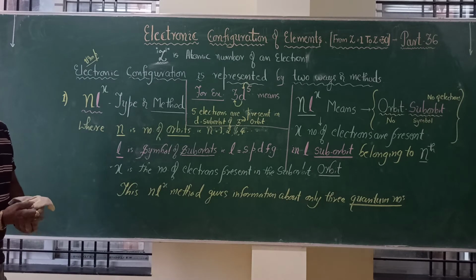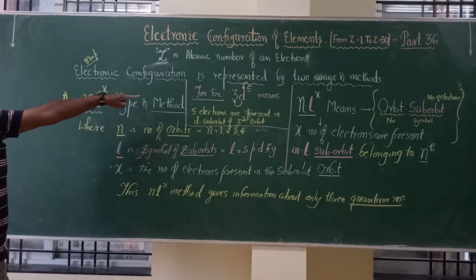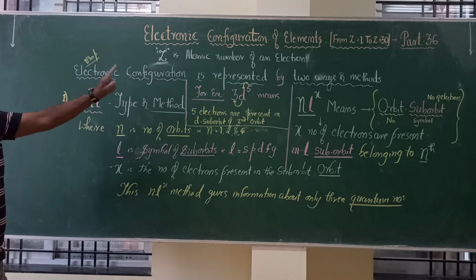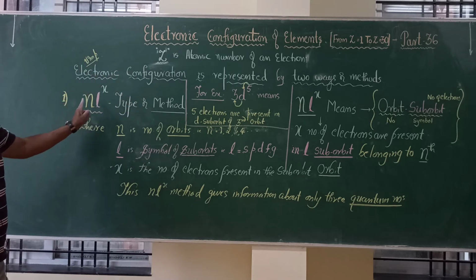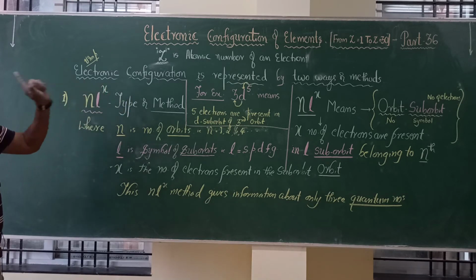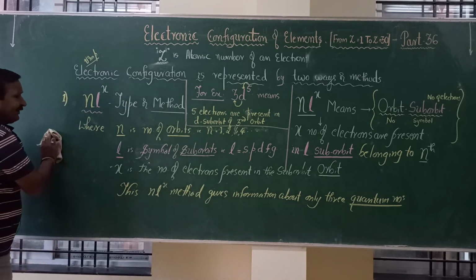So one thing you should remember, S3 is not allowed, P7 is not allowed, D11 is not allowed, F15 is not allowed, because their maximum capacity is already given. So this is one method.